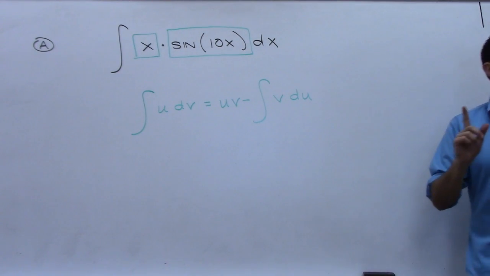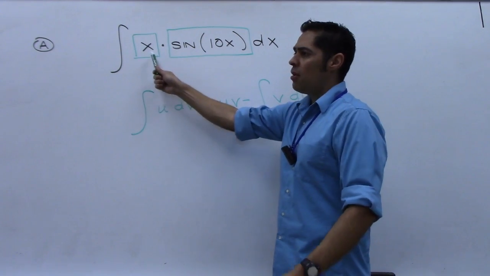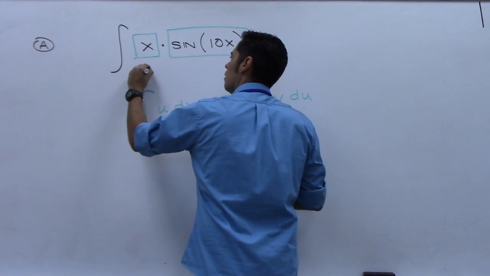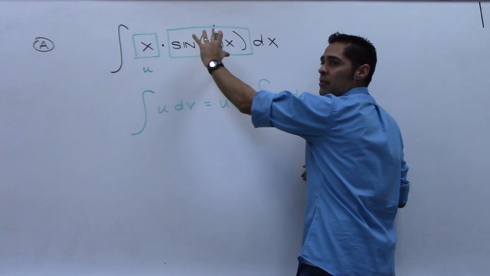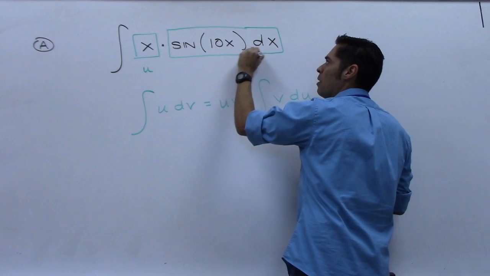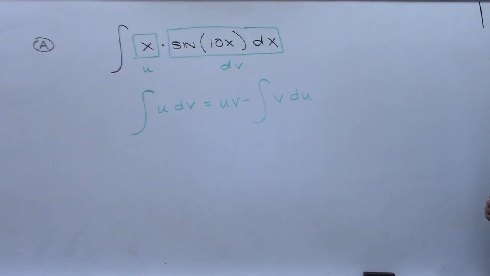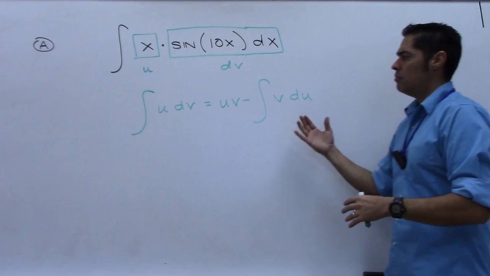Now let's look at both possibilities here. If we let this be our u, then this would have to be the dv, right? And whatever you choose to be dv, you must bring the dx with it, okay? So that's one choice, right? That's one way I could do this. But let's analyze mentally what would happen in the new integral.